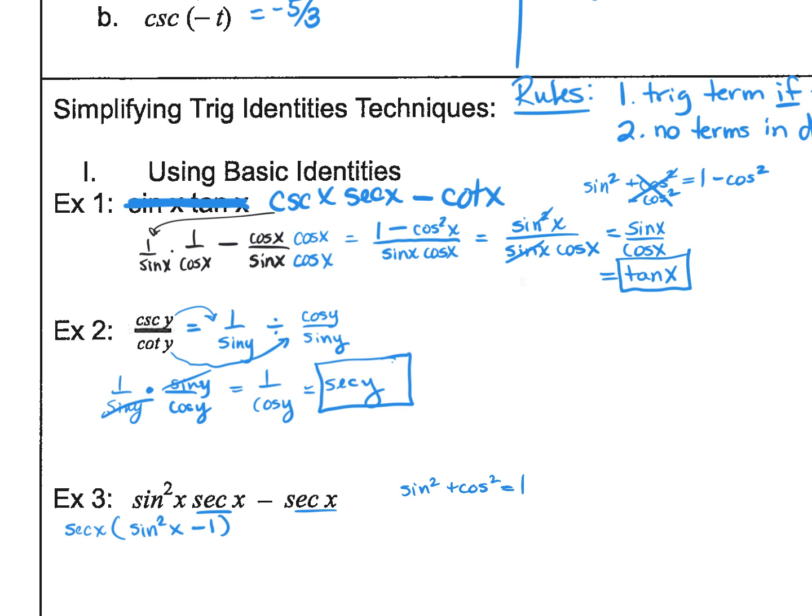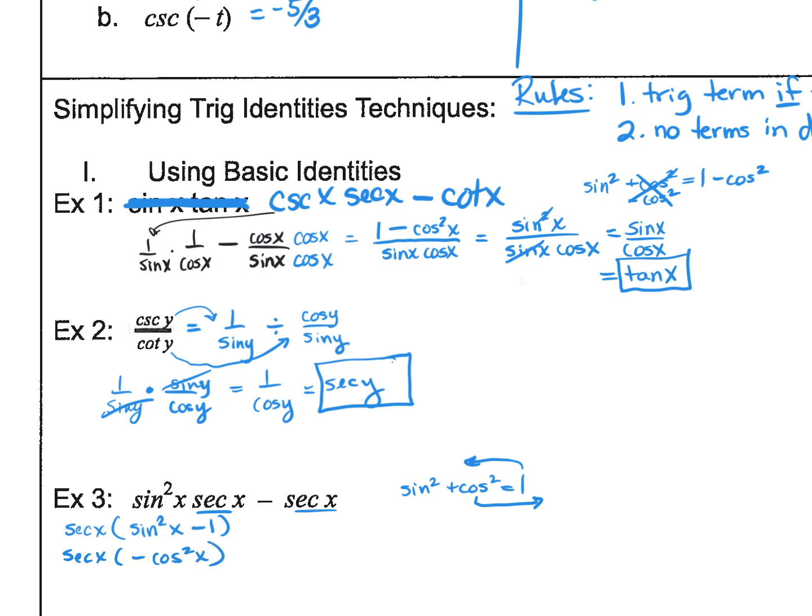Move cosine squared to the other side and move the 1 over, and it's sine squared minus 1. Sine squared minus 1 equals what? Negative cosine squared, isn't it? Because I had to move the cosine to the other side. So that's what I can put in here. I've got secant of x times negative cosine squared of x.